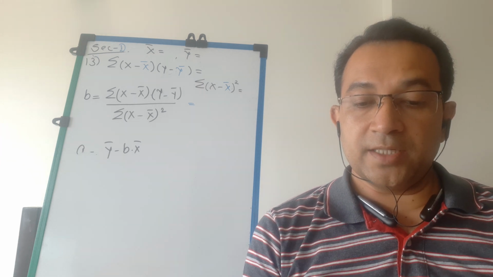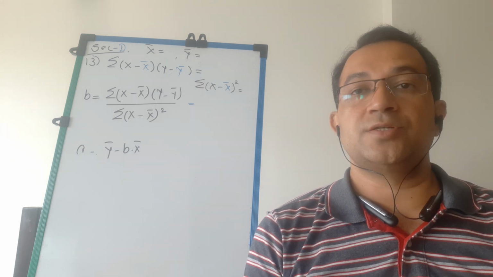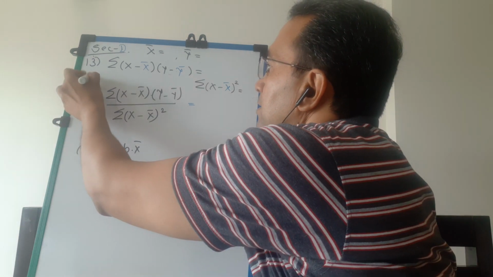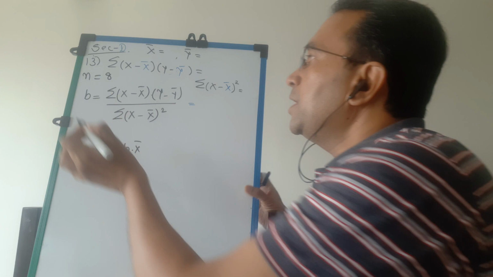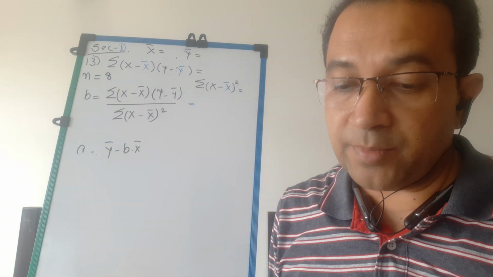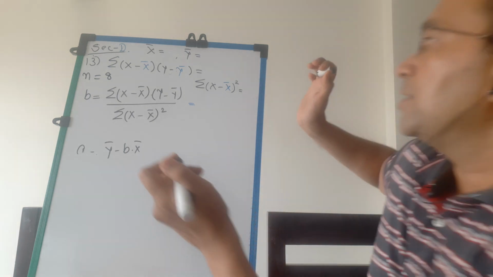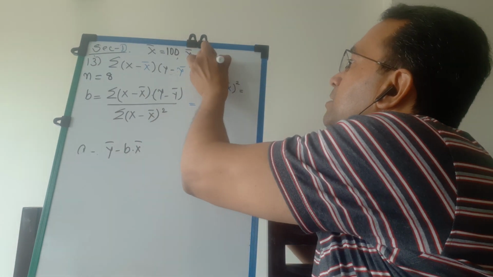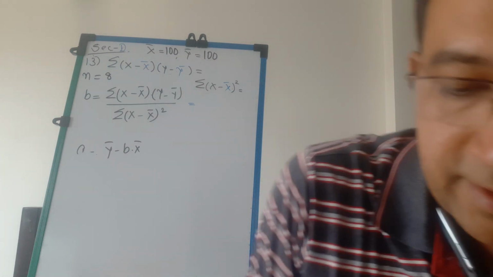Particulars x and y. Number of observations are 8. So I am noting down here n is equal to 8. Now mean for x is 100 and mean for y is also 100. So mean x bar is 100, mean y bar is also 100.